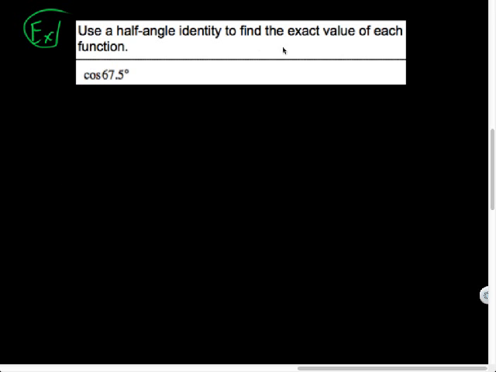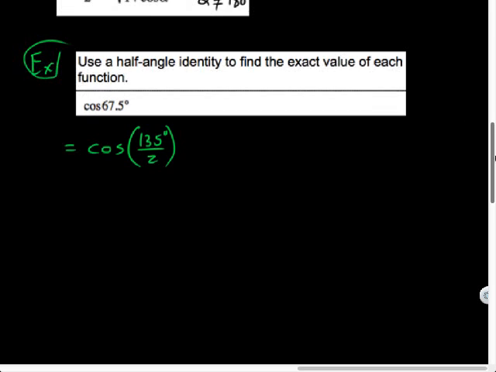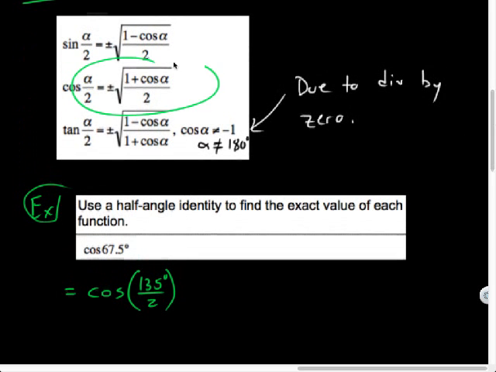So let's see. Use a half angle identity to find the exact value of each function. So if I'm looking for cosine of 67.5 degrees, that's going to be the same as cosine of what divided by 2? All right, and we're thinking that through, and we get 135 degrees. And now, wait a minute, cosine of 135 over 2, I can just use this little formula right here, can't I?